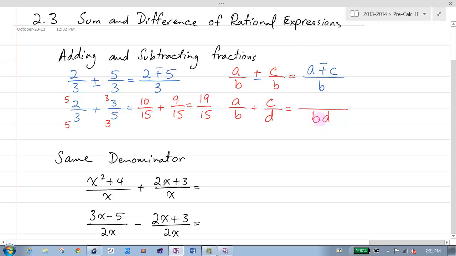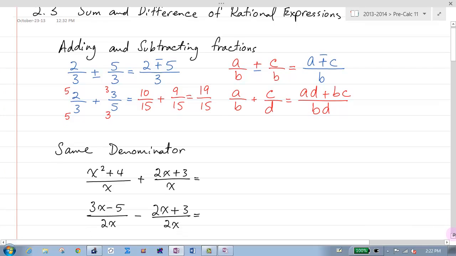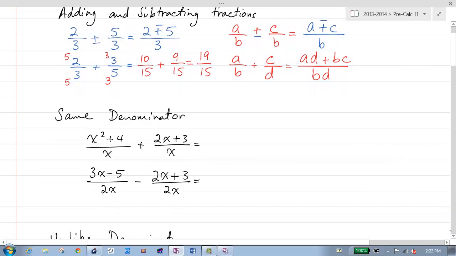That would be our lowest common denominator, or the common denominator. We find the common denominator, and then a times d plus b times c is going to be the numerator of the result of this addition. We're going to use the same idea for adding and subtracting rational expressions.